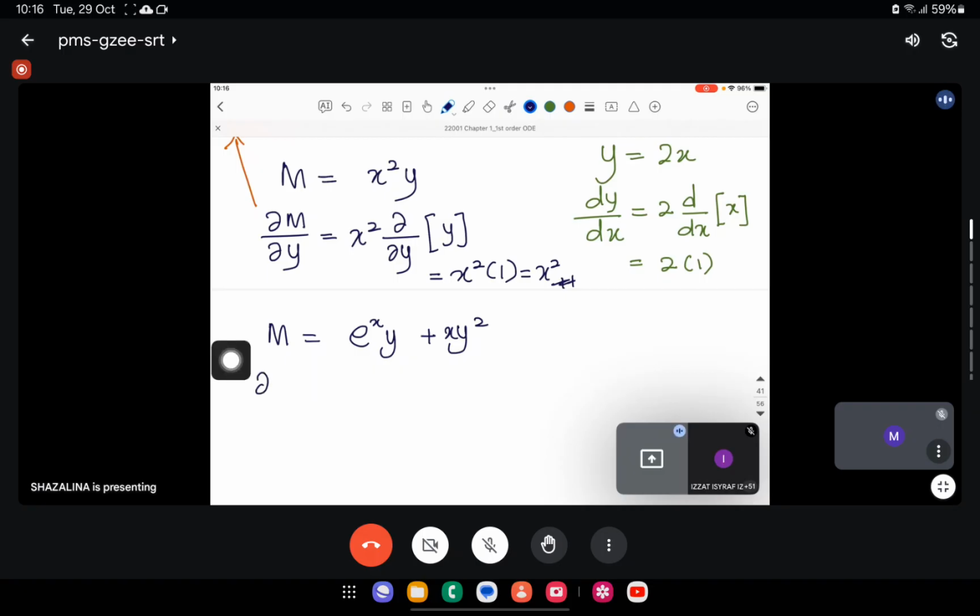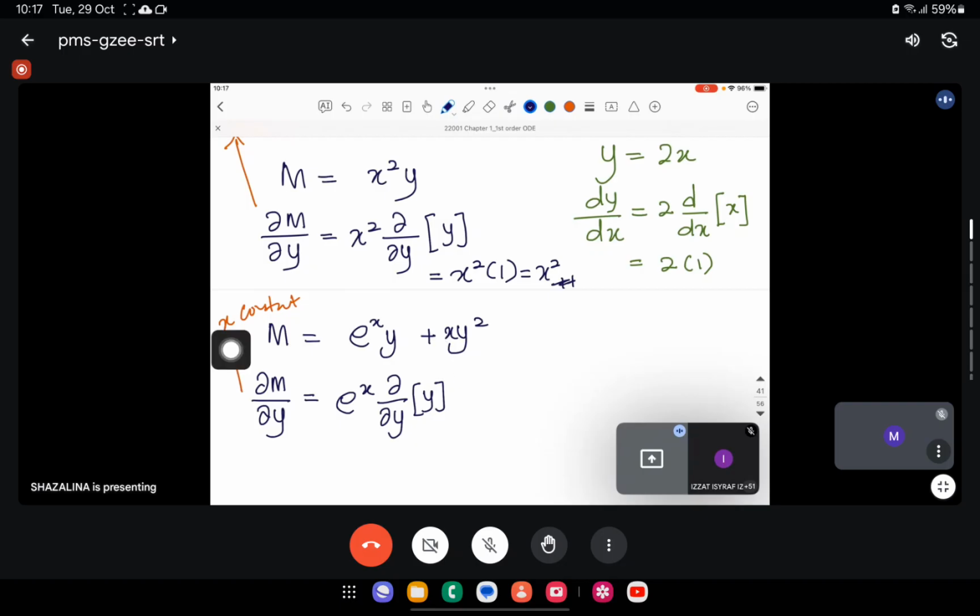Okay, now we want to differentiate M with respect to y only. Again, our x here is a constant. For the first part, x is a constant, meaning a function of x here is exponent x. So exponent x differentiate with respect to y.